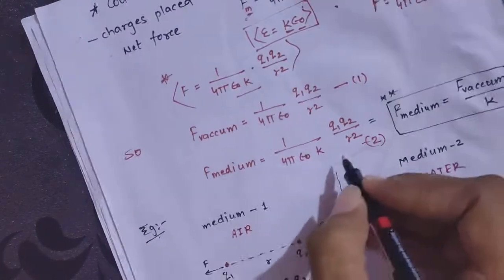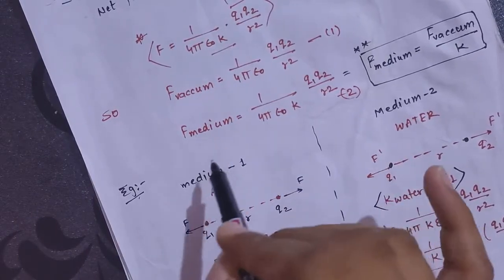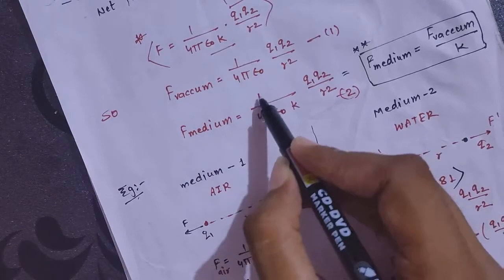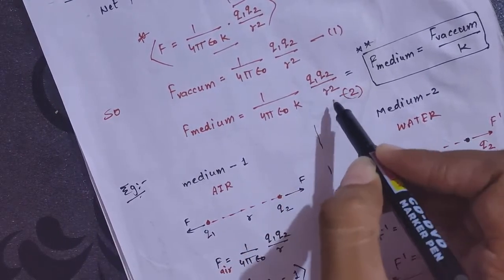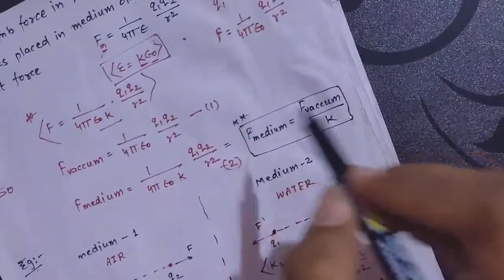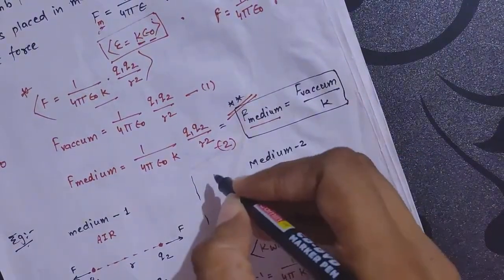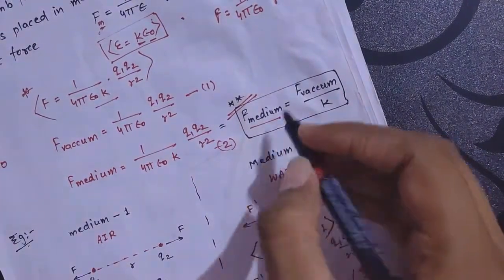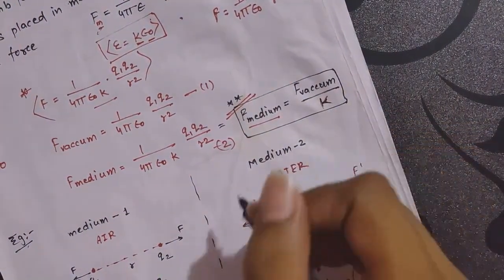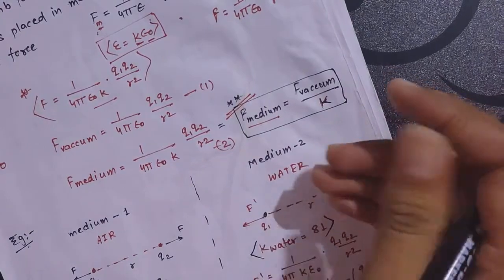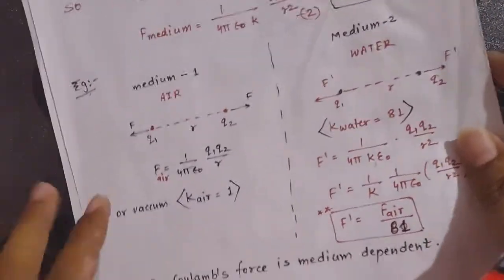Equation number two: F medium, when charges are placed in any medium other than vacuum, is 1 upon 4 pi epsilon naught K times Q1 Q2 upon r square. So the relation between both these equations is F medium is equal to F vacuum divided by K. Here K is the dielectric constant of the respective medium where the charges are placed.